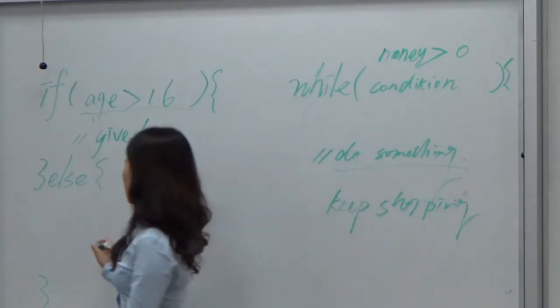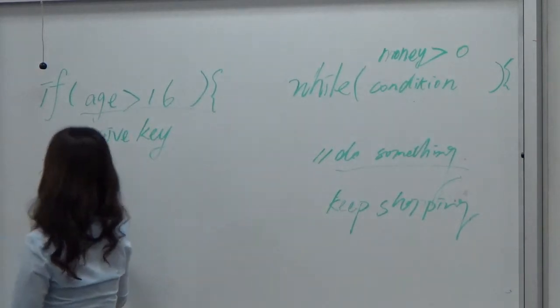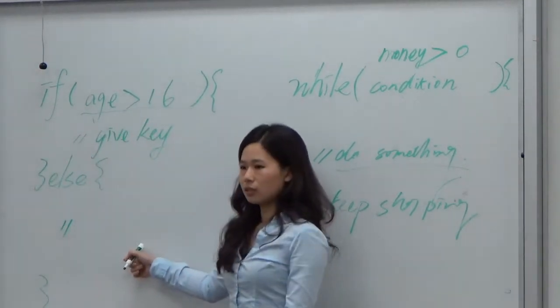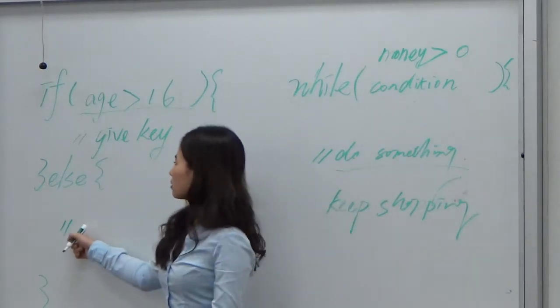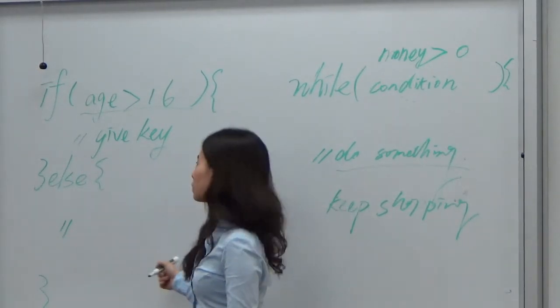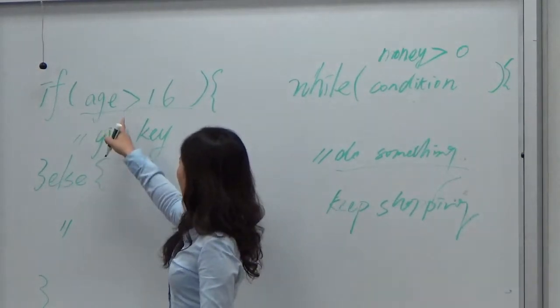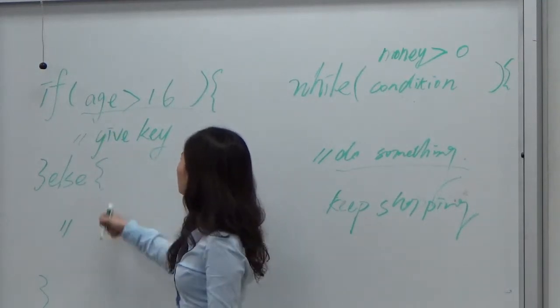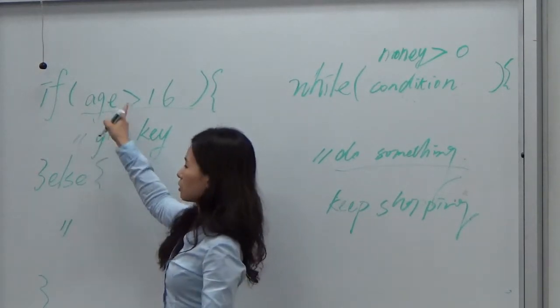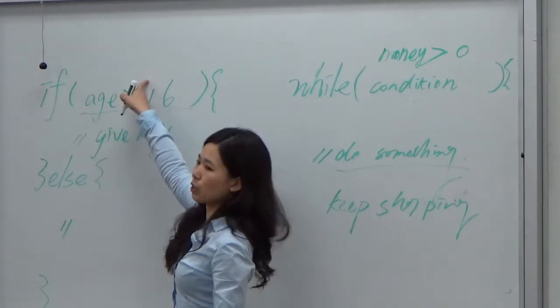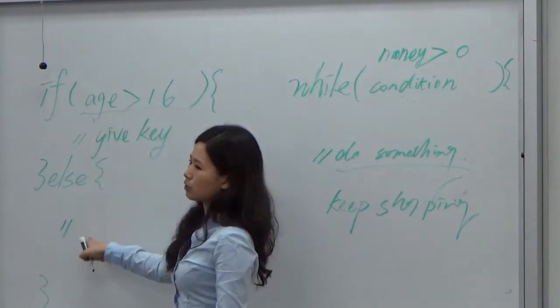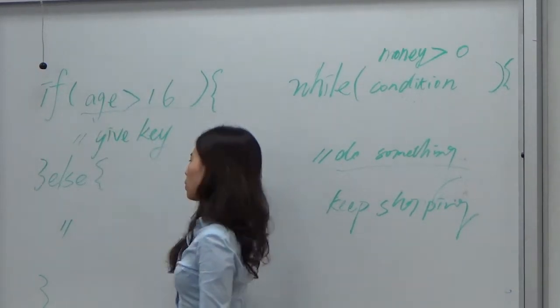But for the else here, what do we do? The else here means if the condition doesn't fit the condition we described here, it will execute the action we described here.